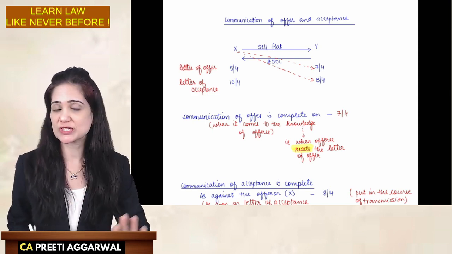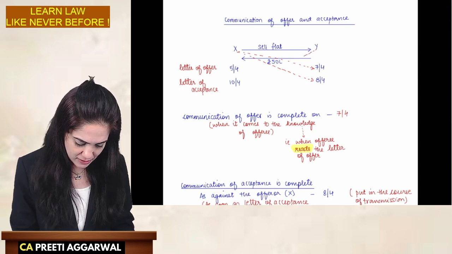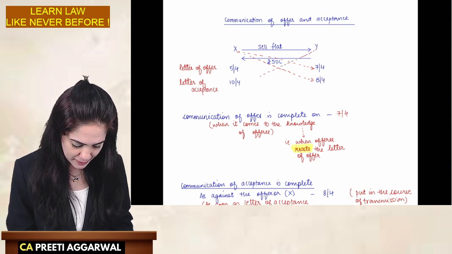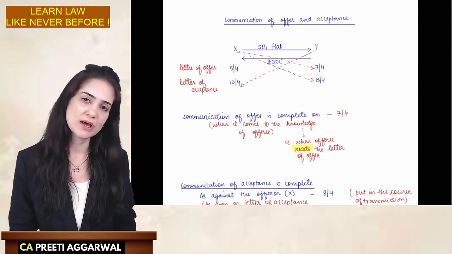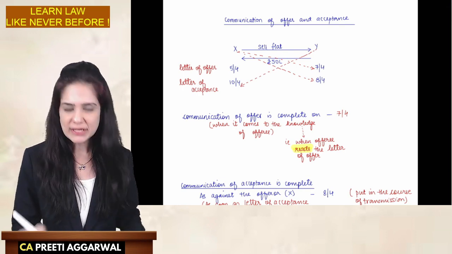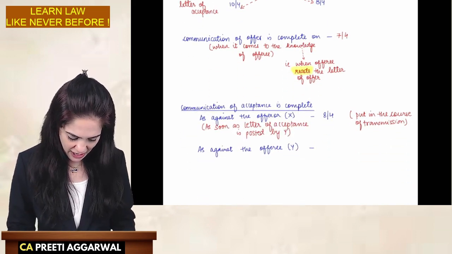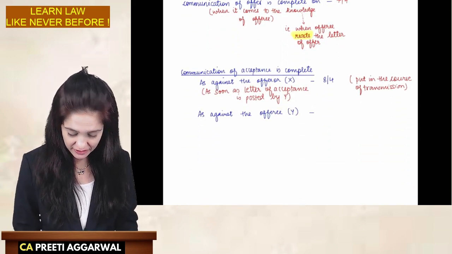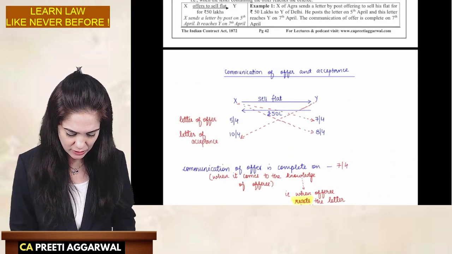Y has posted the letter of acceptance. For Y, the acceptance is complete on 10th. That is when the letter of acceptance reaches X. All the dates go cross. Did you notice? So for Y, as against the offeree, Y, the communication is complete on 10th of April.